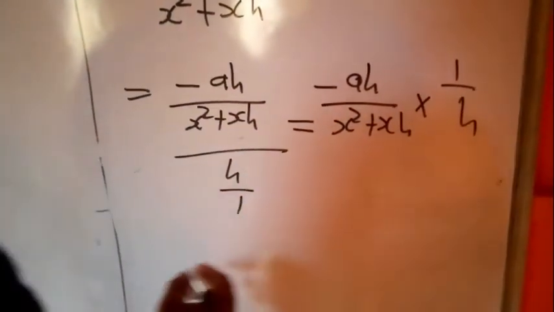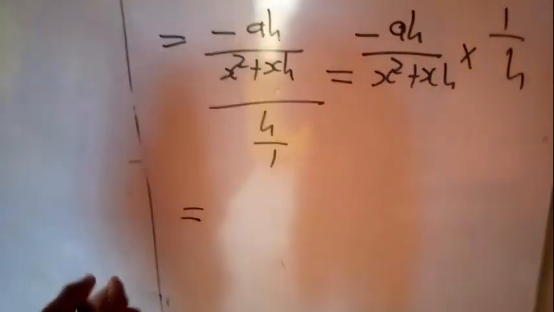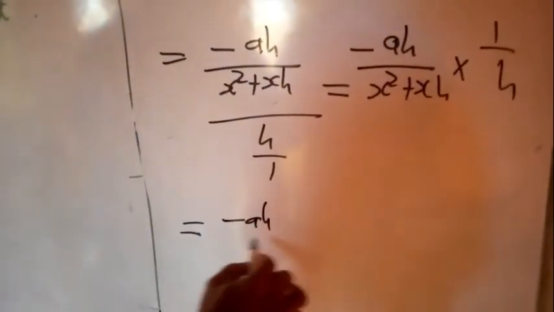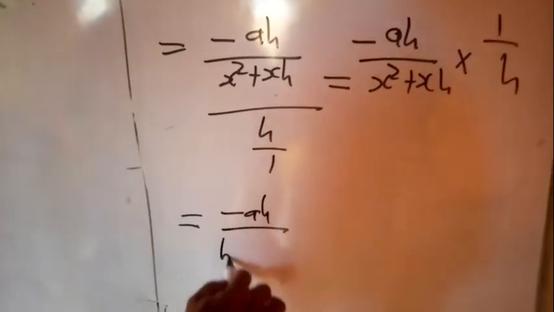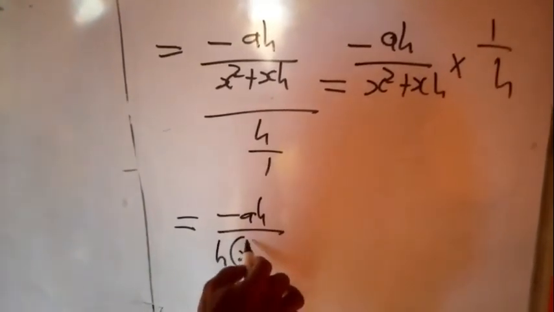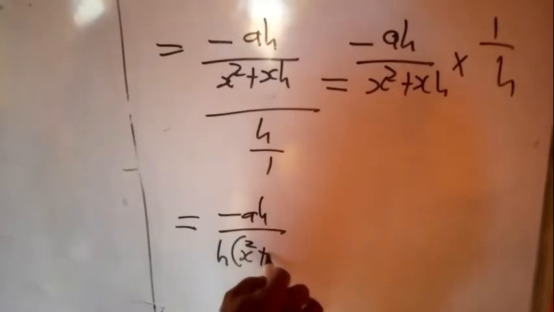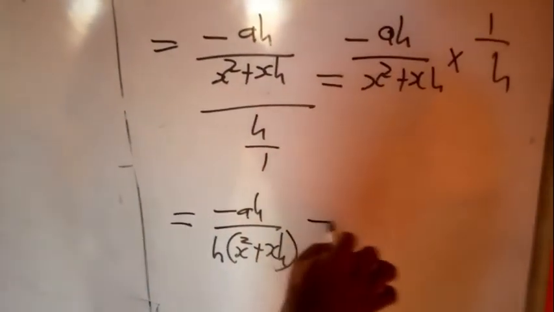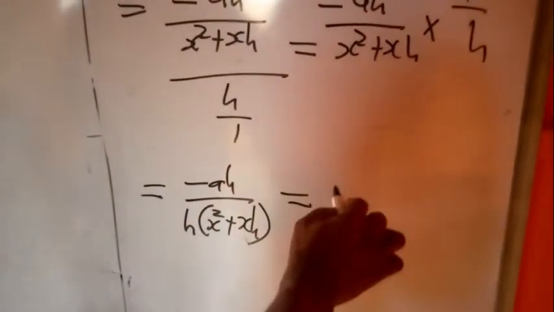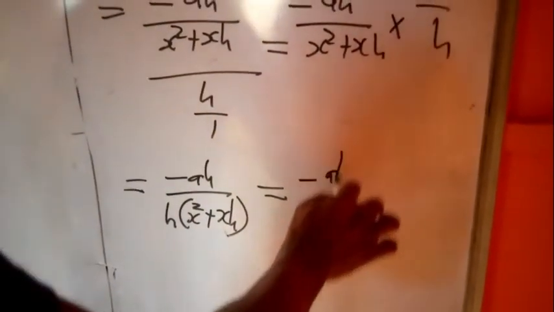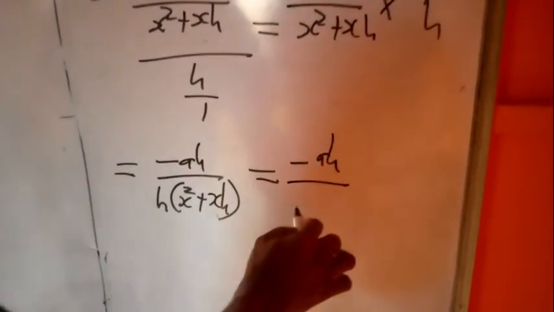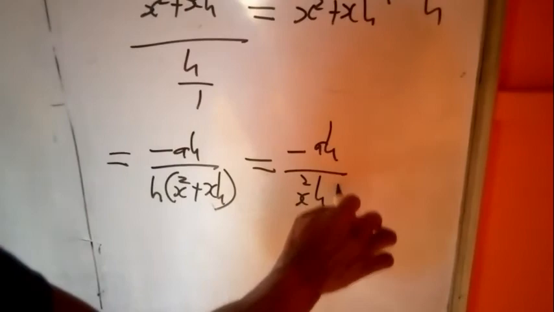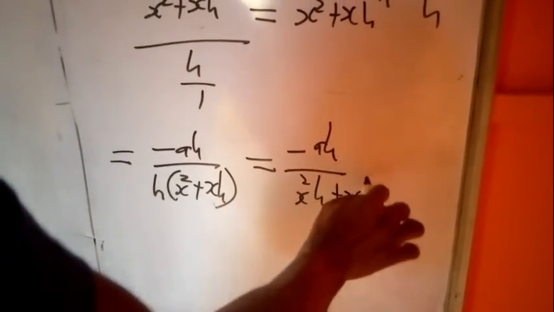The same thing. I'm going to have minus ah into h into x squared plus xh. Now it becomes minus ah all over x squared h plus xh squared.